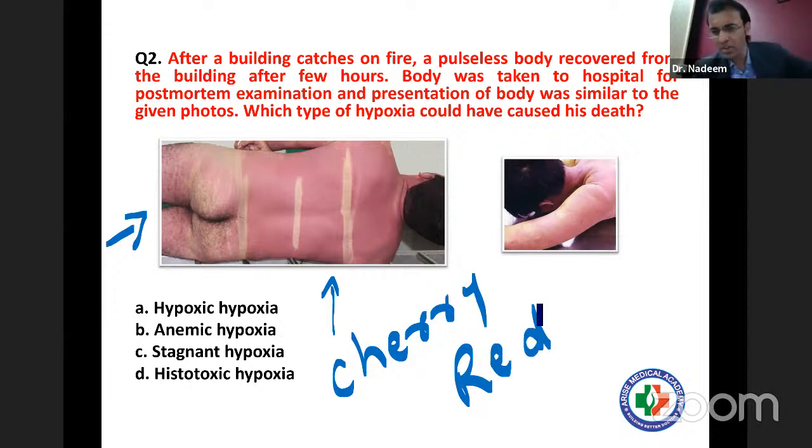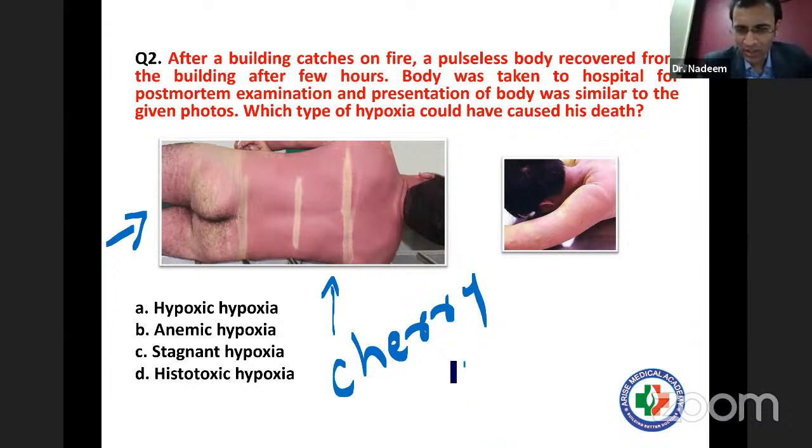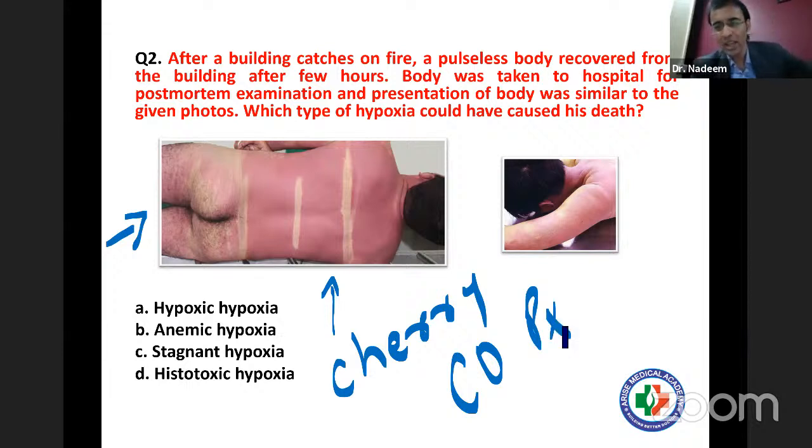I hope you remember from forensic medicine that in one type of poisoning the post-mortem staining or lividity will be this color. This color is seen in CO poisoning, carbon monoxide poisoning.